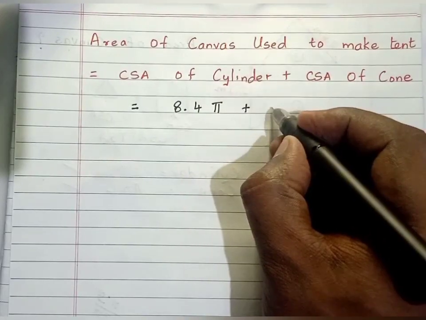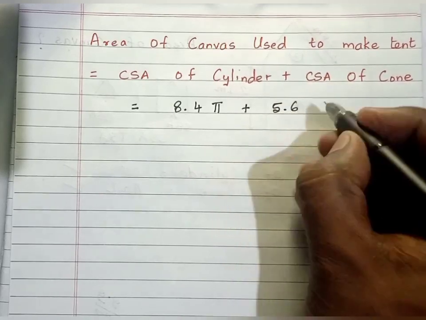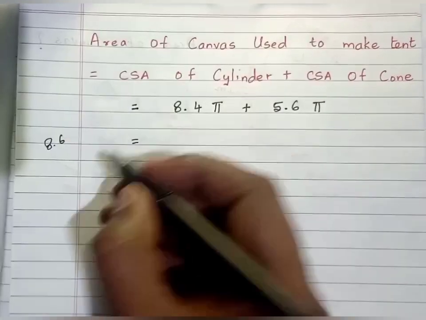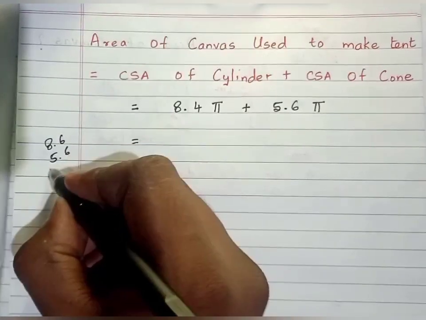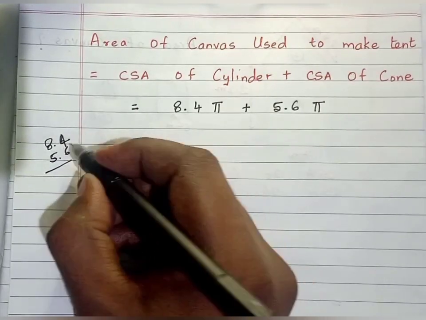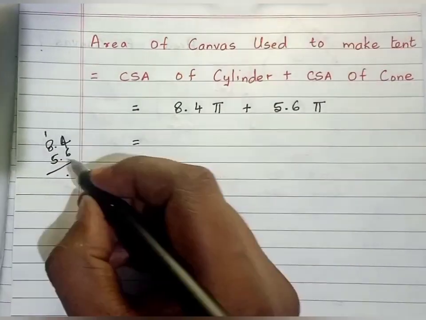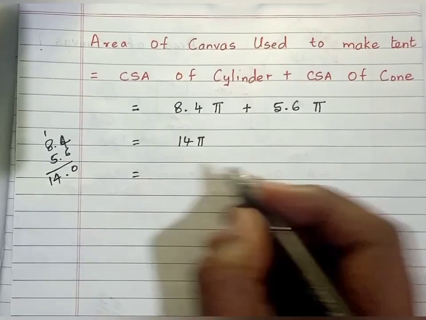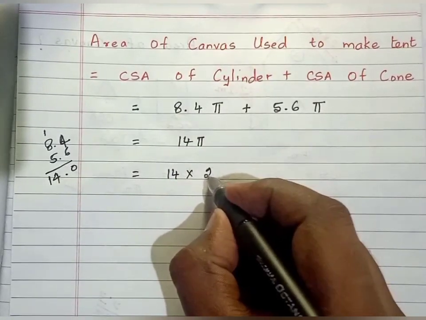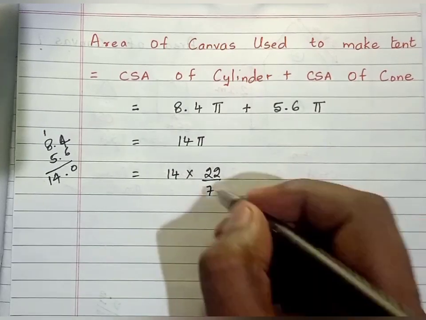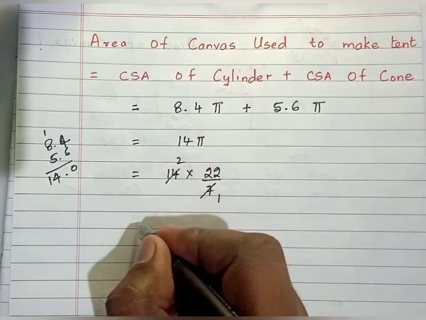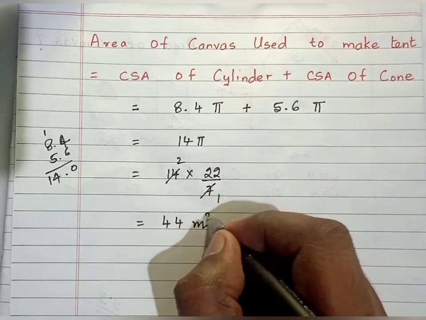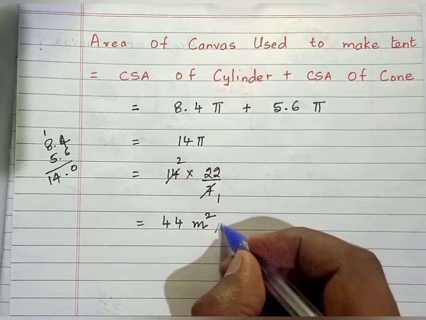Next, CSA of cone is 5.6 pi. Now add 8.4 pi and 5.6 pi. So what you get is 14 pi. Now substitute the value of pi as 22 by 7. The 7 and 14 cancel, so what you get? 2 into 22 is 44 meter square. So the area of canvas used to make the tent is 44 meter square.